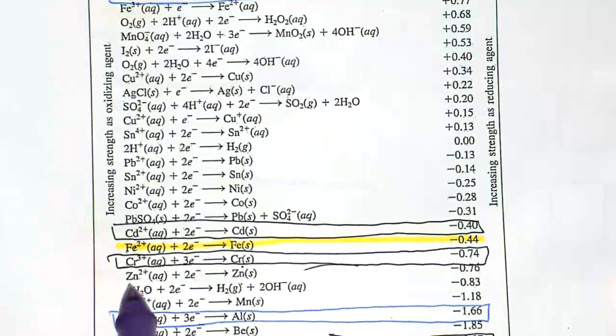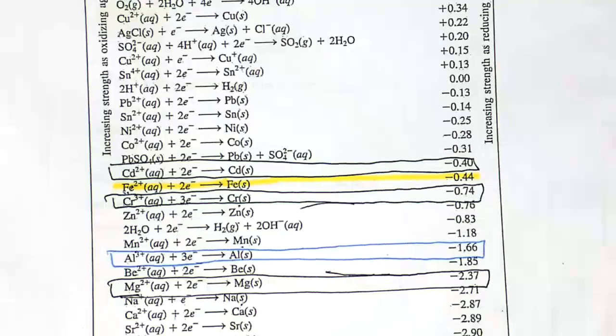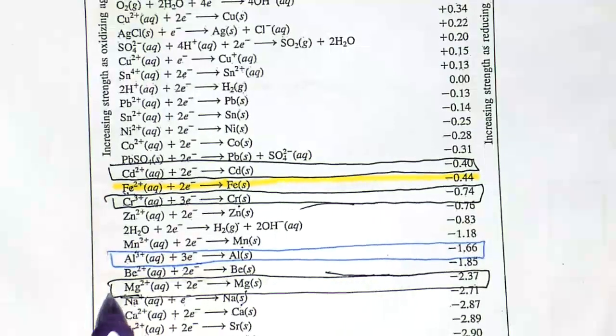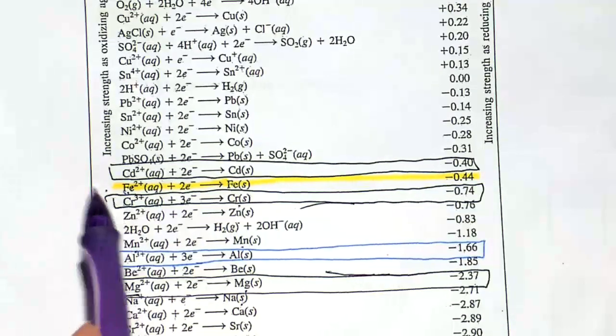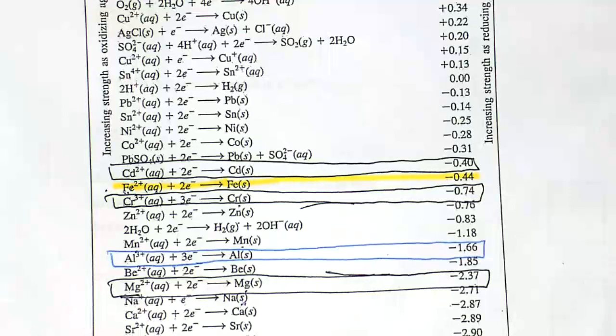Iron plus 2 can oxidize zinc to zinc plus 2. Iron plus 2 can oxidize manganese to manganese plus 2. Iron plus 2 can oxidize magnesium to magnesium plus 2. Iron plus 2 can oxidize sodium to sodium plus. That's one scenario in which you can get a positive voltage.